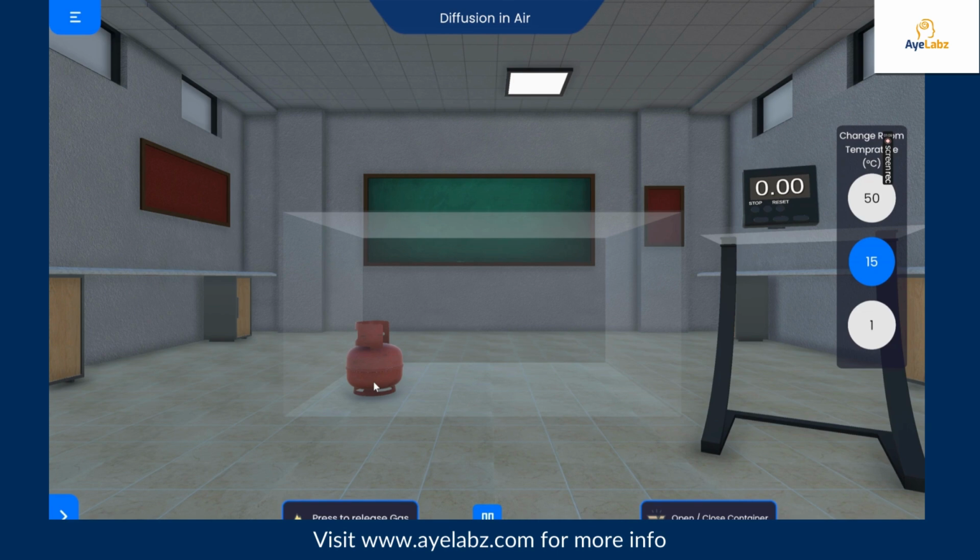In the center part of the classroom, we have a cylinder which is containing gases, and upon clicking on it, you can release the gas and watch how it behaves in that particular temperature.